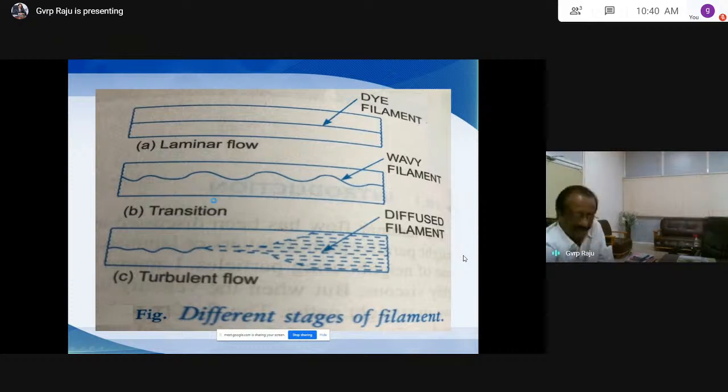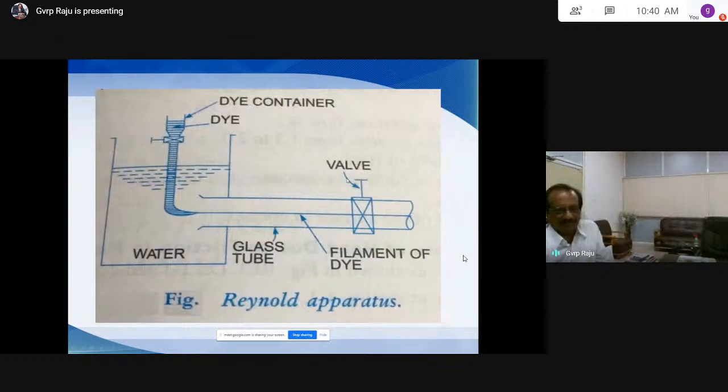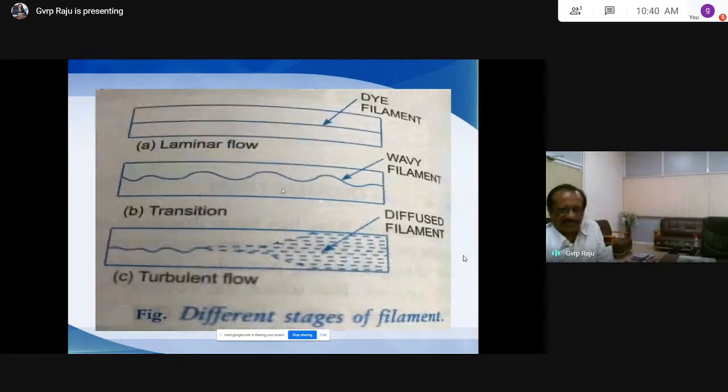Now we go to the final stage when the valve is fully opened. When the valve is fully opened, the water is coming out freely and with high speed into the atmosphere. At the same time, if you inject a solution here, then compared with the transition flow, these irregularities become more intense.